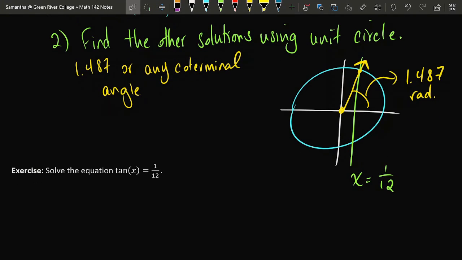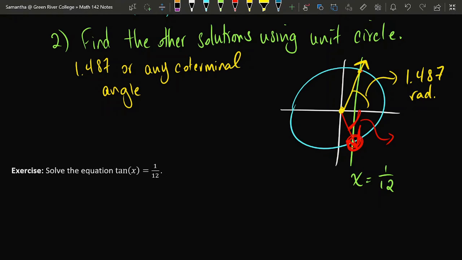But they're not all the solutions, because there's another location on the unit circle where the x-coordinates are also equal to 1/12, and that's this location down here in quadrant number 4. So based on what I've found so far, what angle do you think would get me down here to this secondary location?